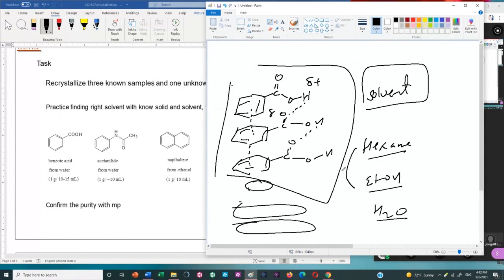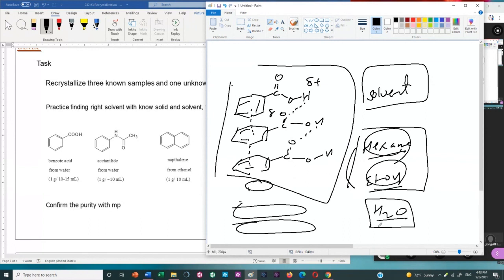Number one, not soluble at room temperature. The second one, soluble at boiling. They don't match because these two will dissolve your compound benzoic acid well at room temperature.